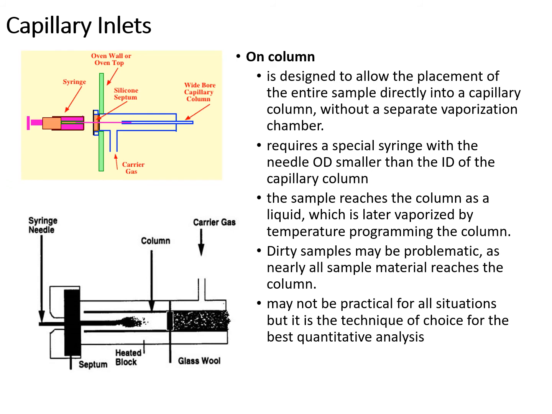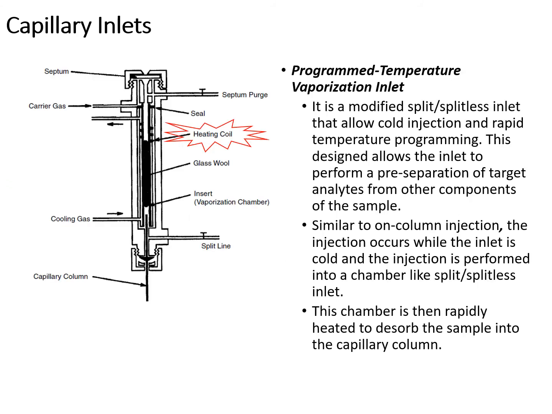The sample reaches the column as a liquid, which is later vaporized by temperature programming of the column. Dirty samples may be problematic as nearly all the sample material reaches the column. It may not be applicable for all situations, but this technique is a choice for the best quantitative analysis.